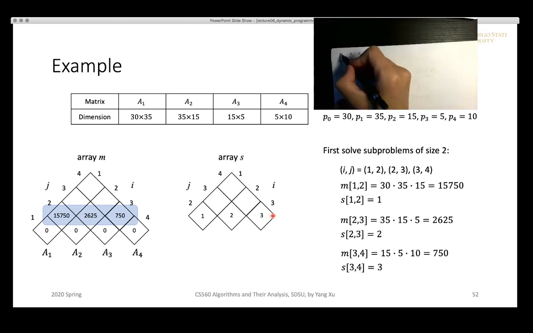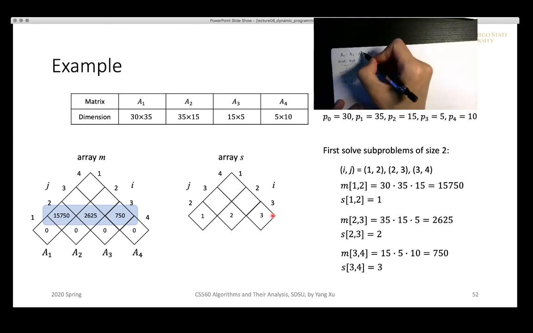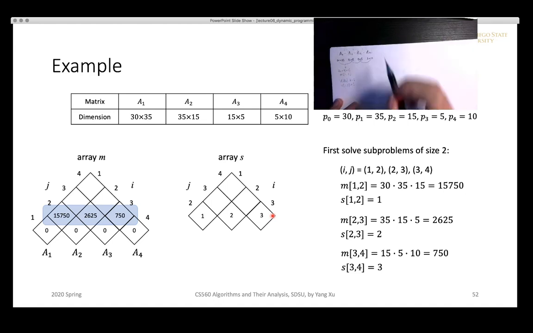For subproblem A1 times A2, the K is 1, and for subproblem A2 times A3, the K is 2. For subproblem A3 times A4, K is 3, because there are no other options for different Ks. Okay? So that's the very first iteration of the outermost for loop.